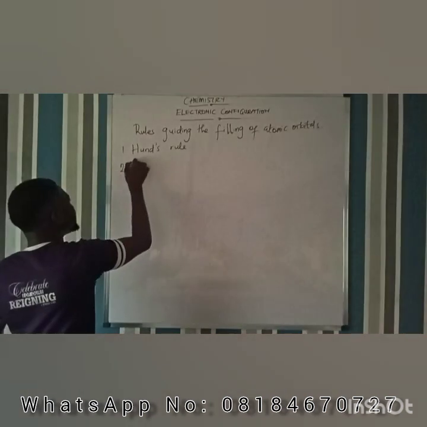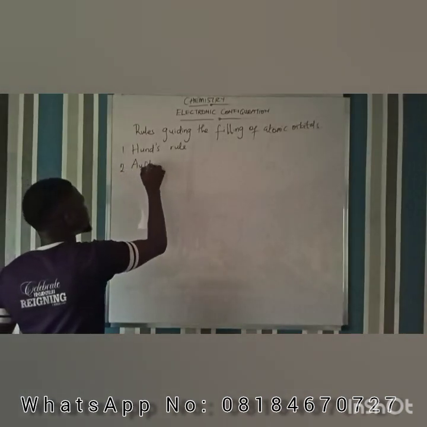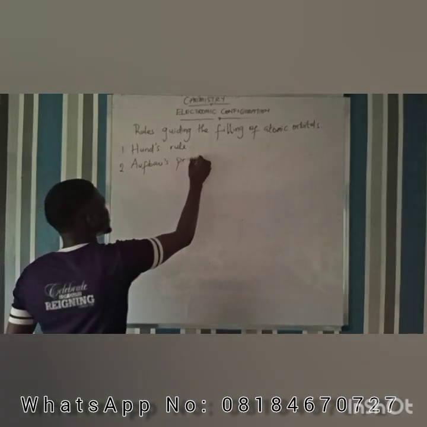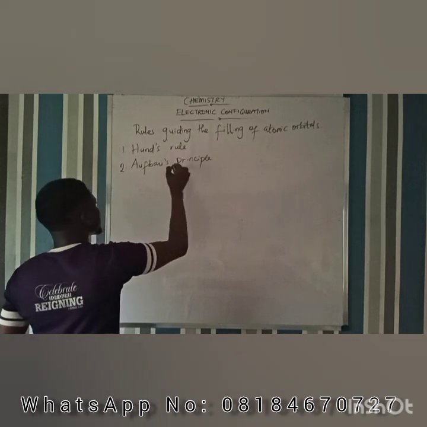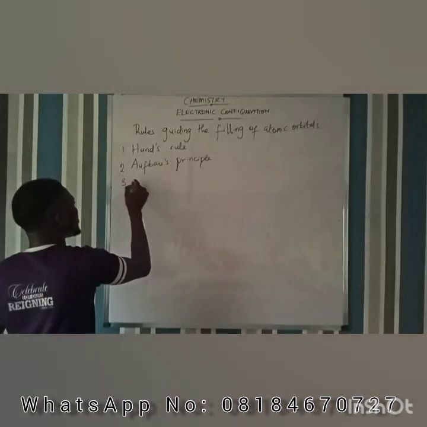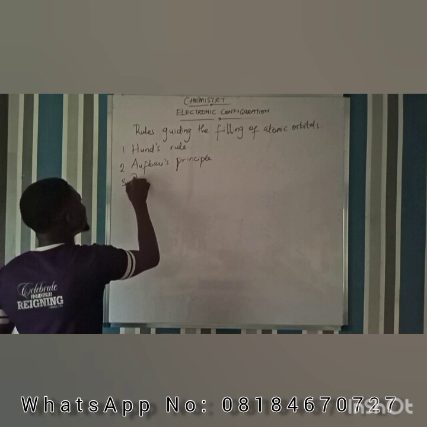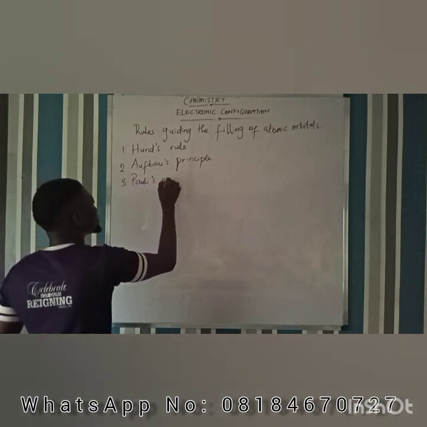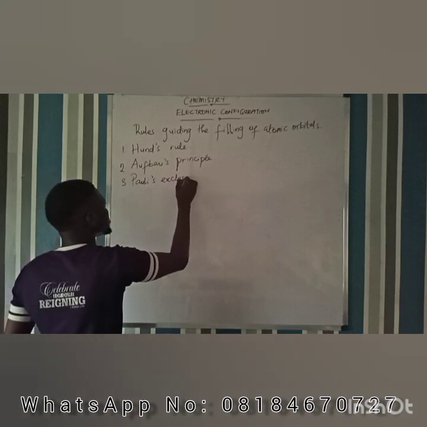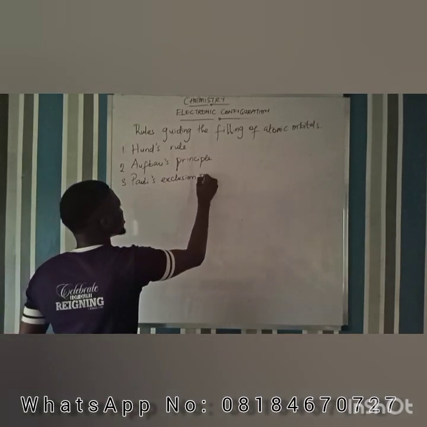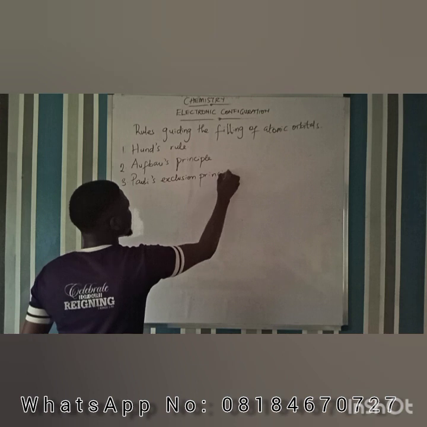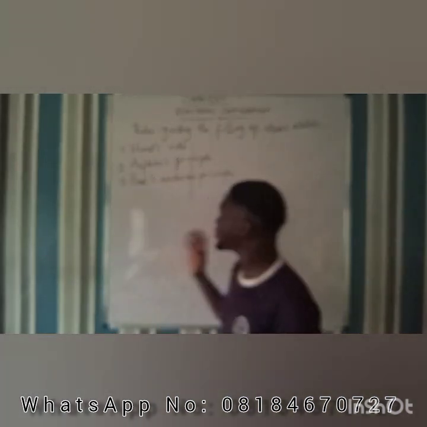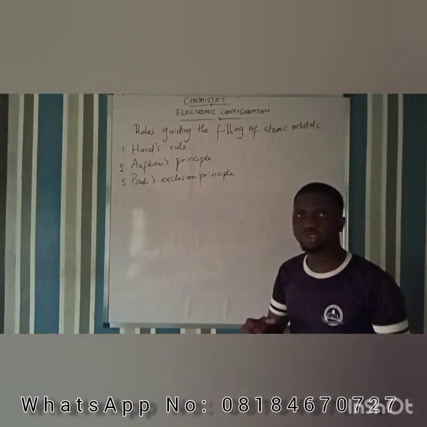The second one, we have the Aufbau principle. The third one, we have the Pauli exclusion principle. We have Hund's rule, the Aufbau principle, and the Pauli exclusion principle.